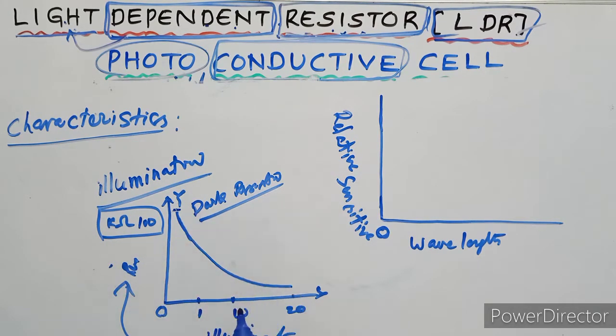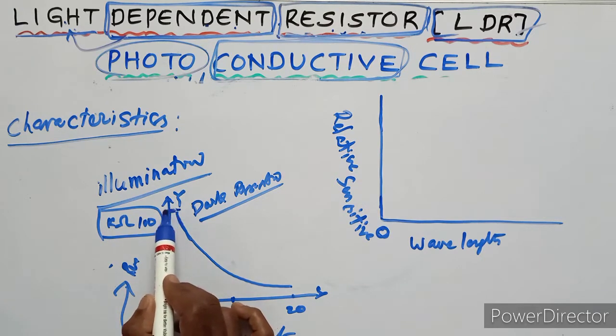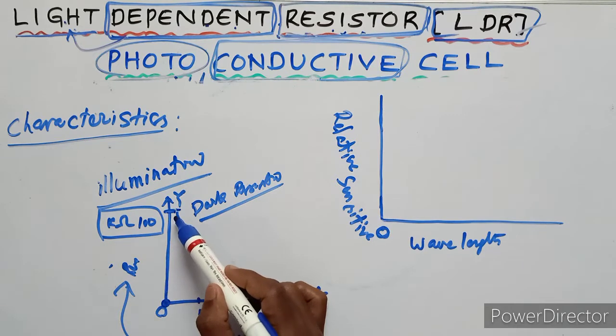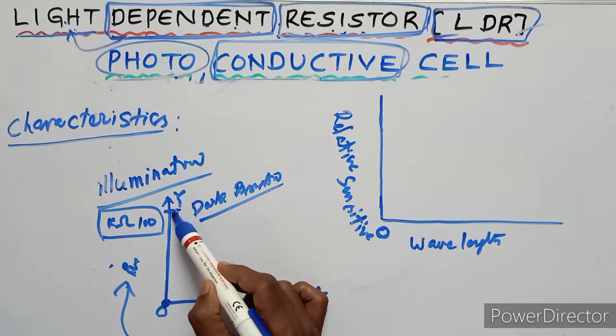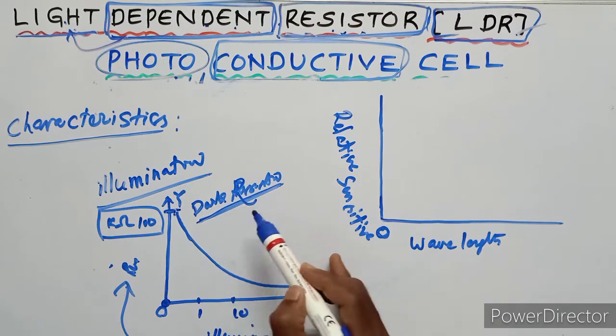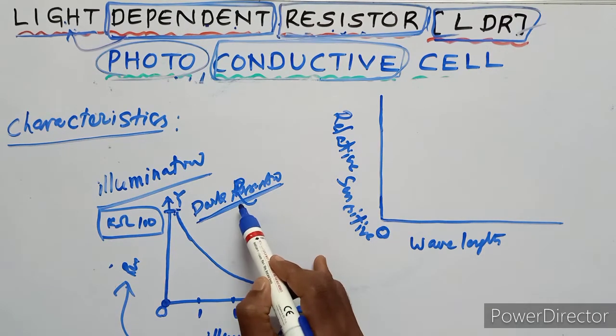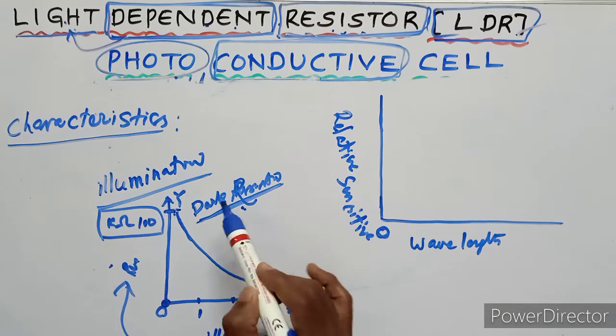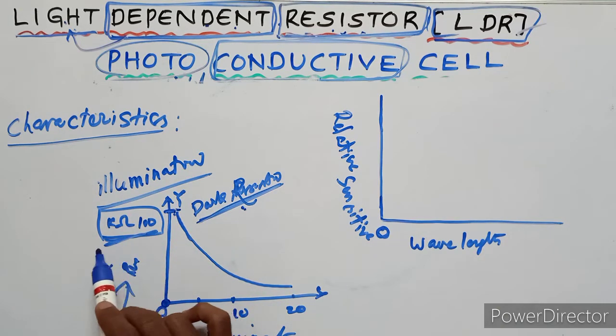It may be noted that when not illuminated, the resistance is very high. The high resistance is called the dark resistance. The range of dark resistance is 100 kilo ohms.